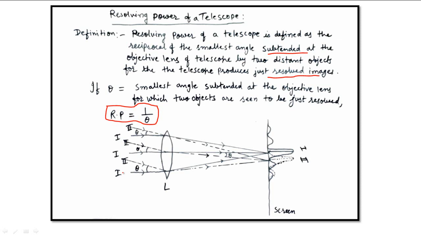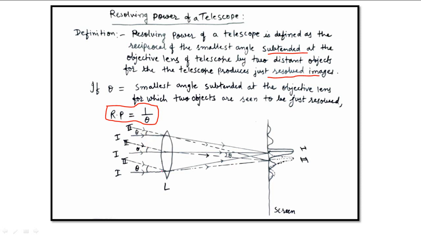Here you can see the source of light which is coming from object 1, shown over here like this, and there is another source of light coming from another object, represented by the symbol 2, and there is an angular separation, say theta, between the two sources.